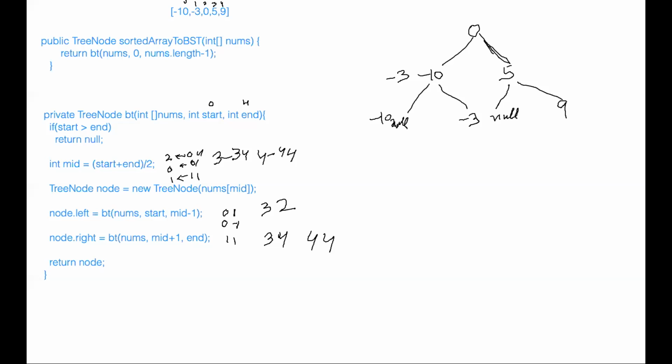Basically, if it is even, we want the upper side, like we want mid to be plus 1 if it is even. Whatever mid you get, you take the ceiling. So if start plus end mod 2 equals 1, it means it is odd, because if you take the mid, it will come to the other side.